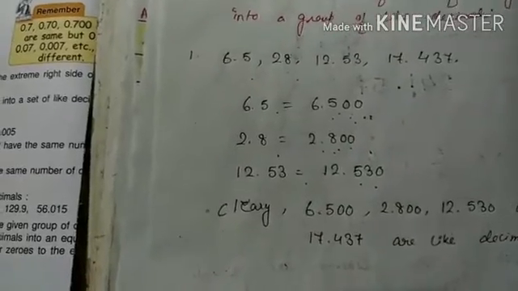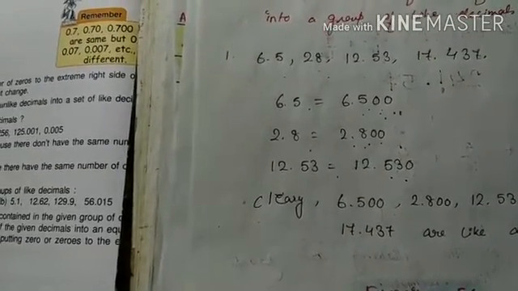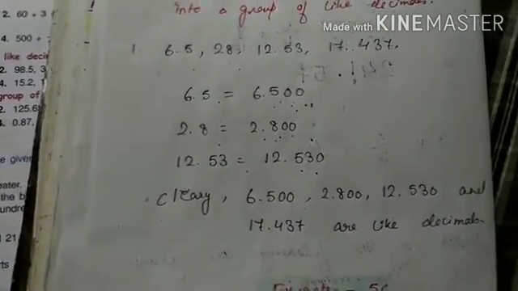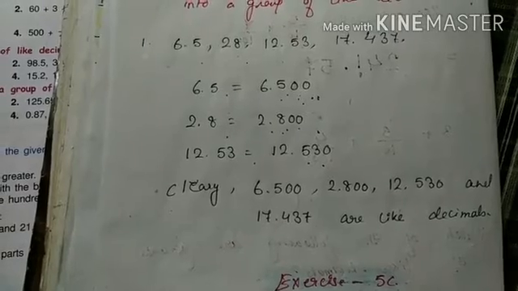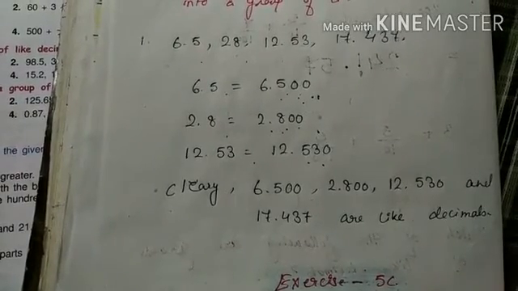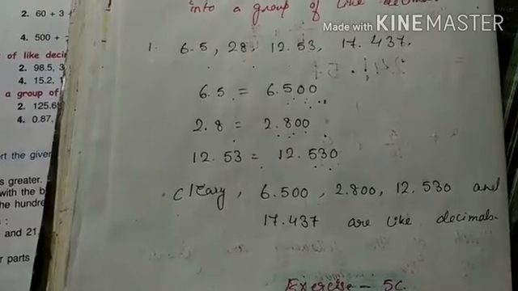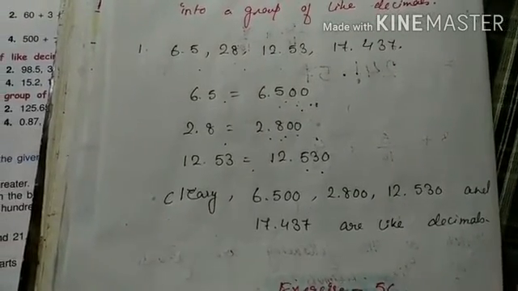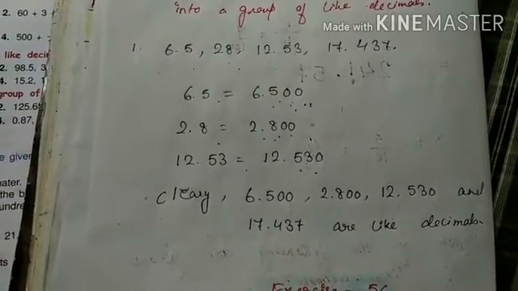The maximum number of decimal places contained in the given group of decimal numbers is 3. So we convert each of the given decimals into an equivalent decimal having 3 decimal places by putting 0 or zeros to the extreme right of the decimal part.